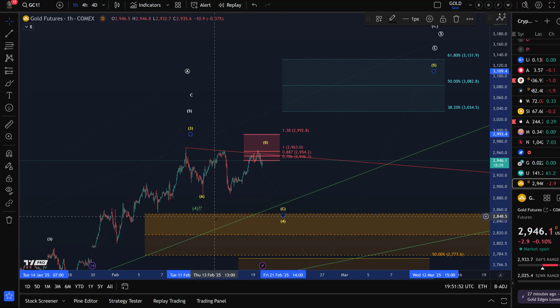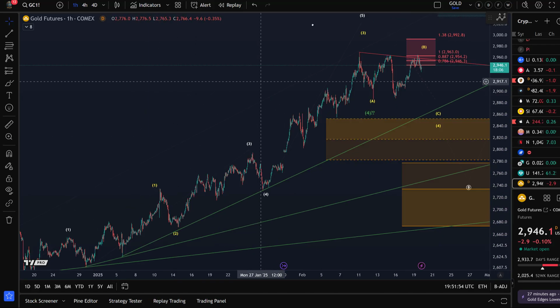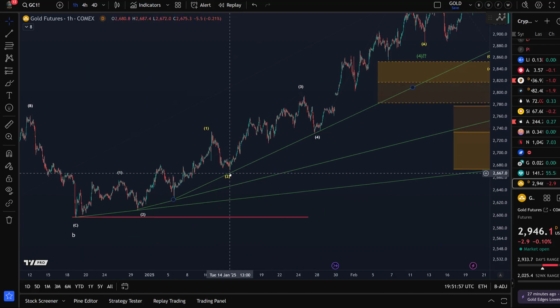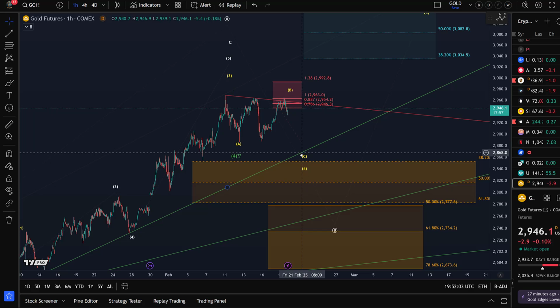The wave 4 might have bottomed already because, look, the wave 2, which happened here around the 14th of January, was very weak as well, very shallow. So it is possible the wave 4 is also not going to be massive. But what tends to happen, which is more consistent with what normally happens, is a wider wave 4. So I think this wider flat correction is a reasonable scenario. I would prefer that. So that's how I've got it labeled.